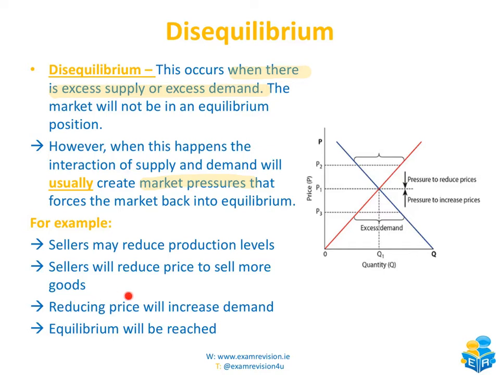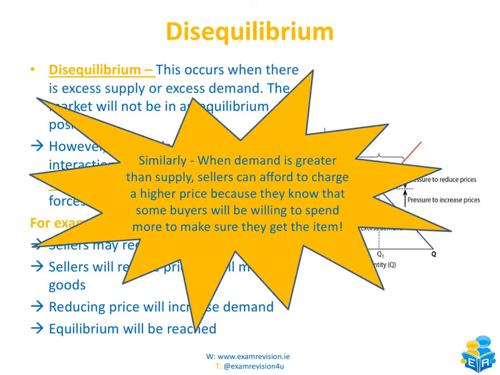And when this happens, equilibrium will be reached. So usually when disequilibrium takes place, interaction takes place between the sellers and the quantity demanded, and sellers will usually either reduce production levels or reduce price, and this in turn will increase demand, and therefore equilibrium will be reached.